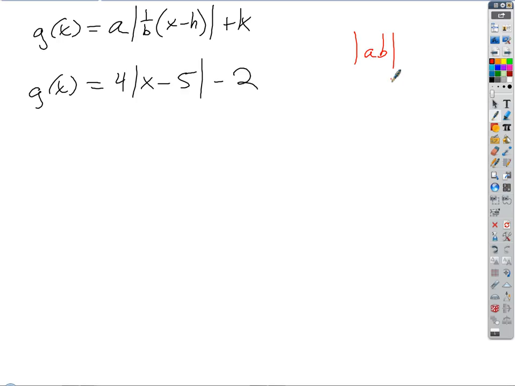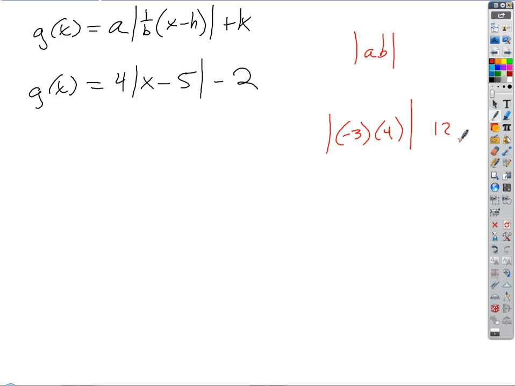Absolute value of a times b just means it has to be positive, right? Take some examples with numbers. What if we had the absolute value of, I don't know, -3 times 4? That works out to be -12, right? Absolute value of -12 is 12.